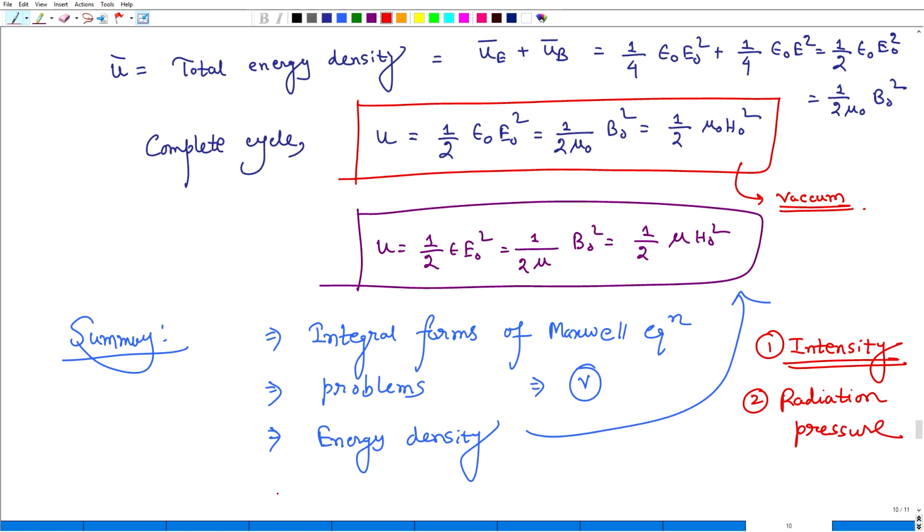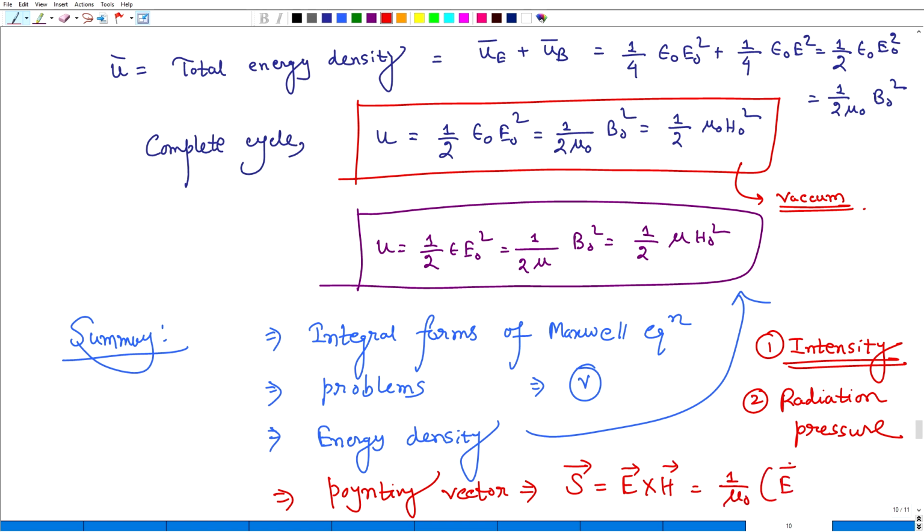Also we discussed today the Poynting vector, which is S equals E cross H, or we can write 1 by mu naught E cross B for free space. This is the Poynting vector which essentially gives the direction of propagation. In the next lecture we will discuss the intensity and radiation pressure, and also solve some extra problems as well.